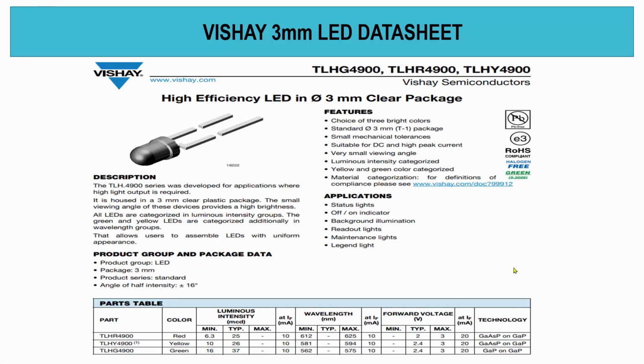Below are some of the data sheet for this type of 3mm LED, and the part number is TLH4900. So depending on what color, G is green, R is red, and Y is yellow. So we have red, yellow, and green. For application, where do we use this type?